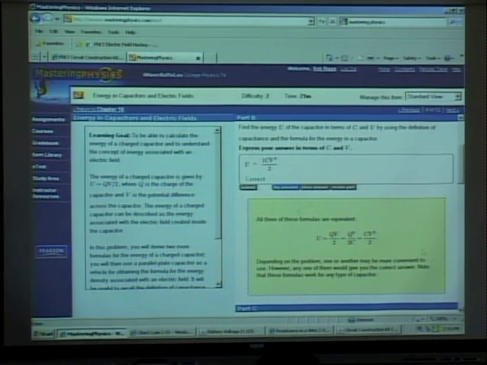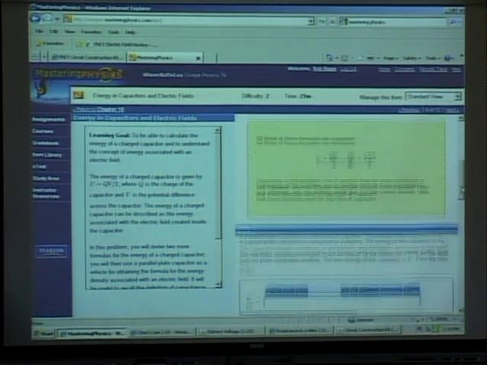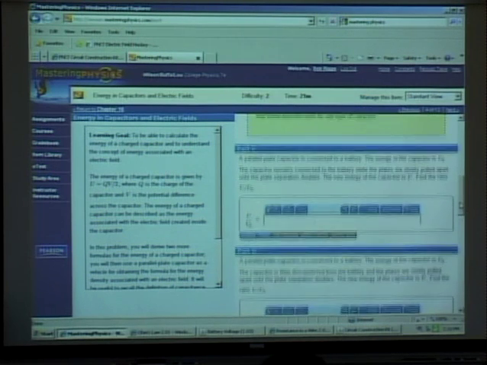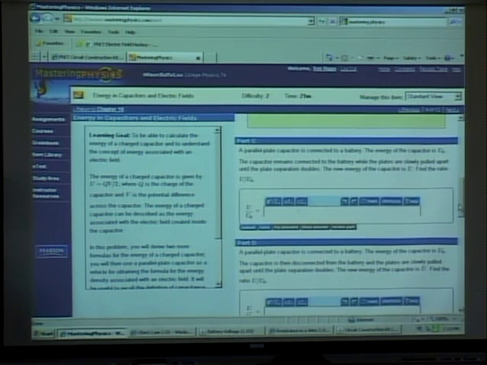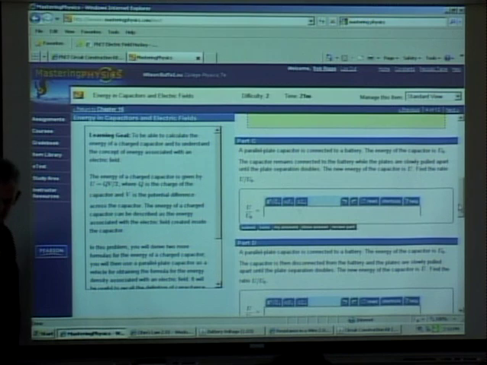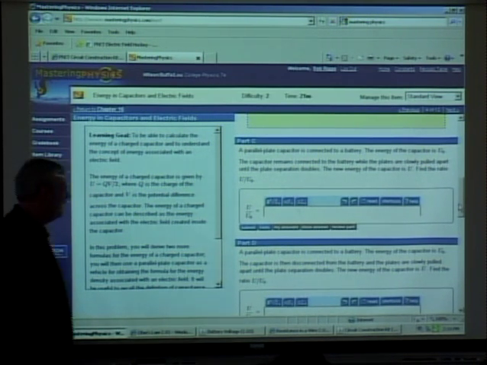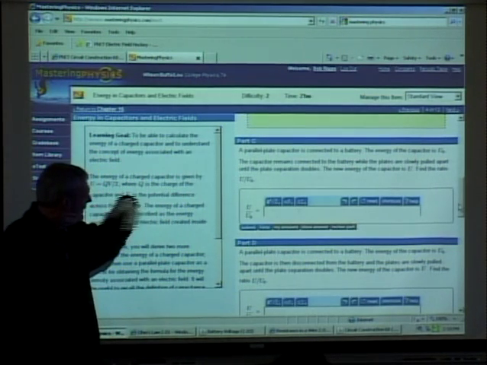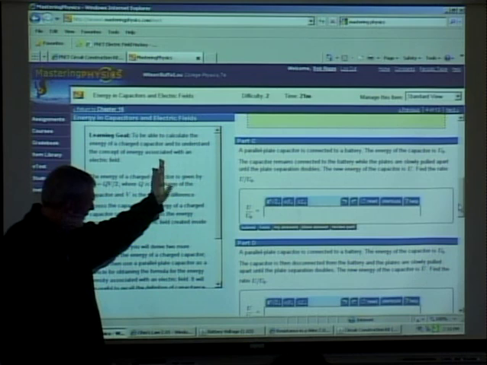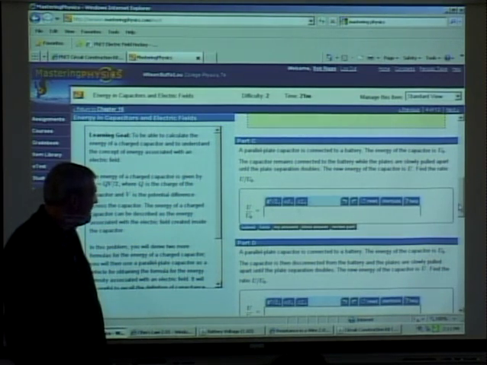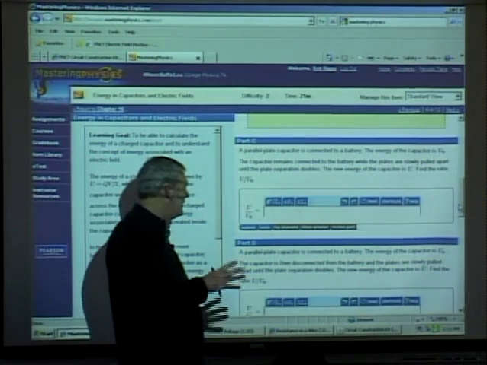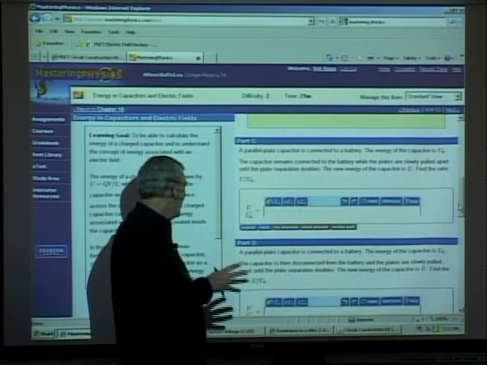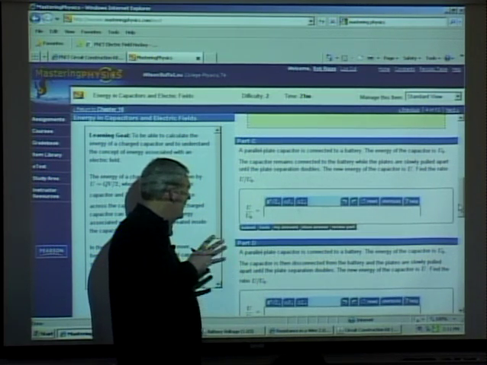All right, now it gets tricky, I think. Aha! This one. This is why I did these ahead of time, so I wouldn't get stuck just flailing around, but I probably still will flail around here a little bit. It says a parallel plate capacitor is connected to a battery. The energy of the capacitor is U0. The capacitor remains connected to the battery while the plates are slowly pulled apart until the plate separation doubles.